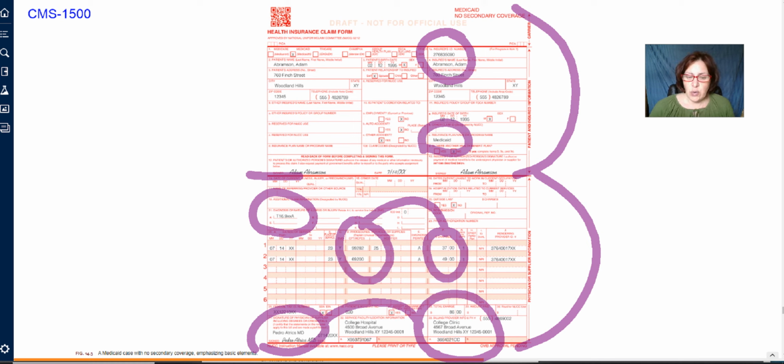However, in the real world, most of the job is data entry into a computer, not actually completing this form. Even when I'm billing a paper claim, I literally just hit print claim. And this form is generated based on what I had data entered.